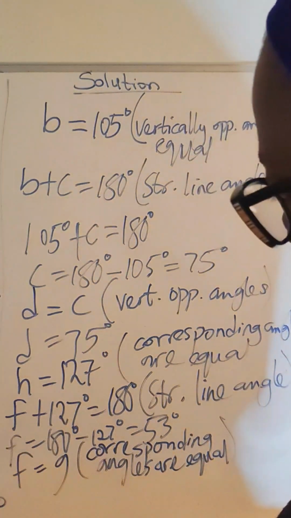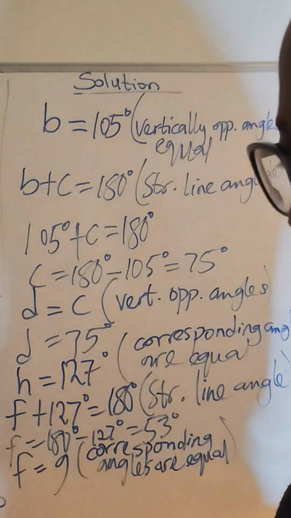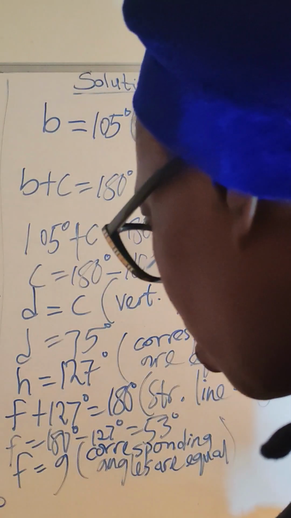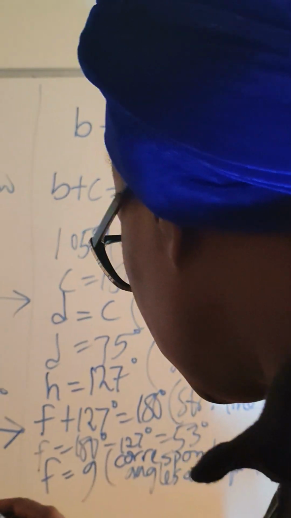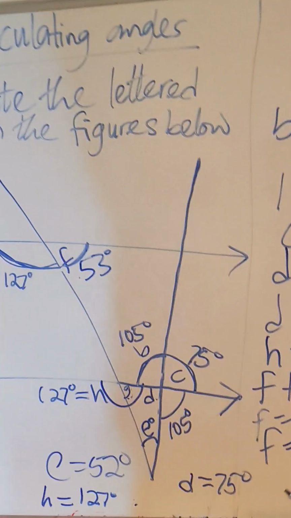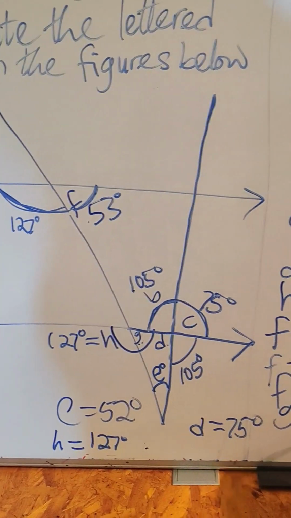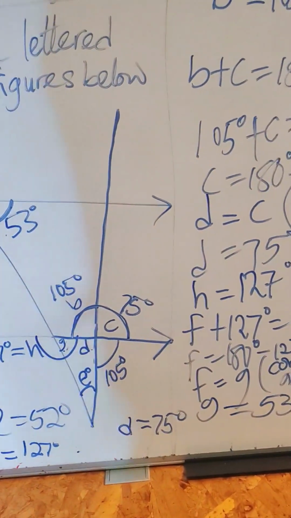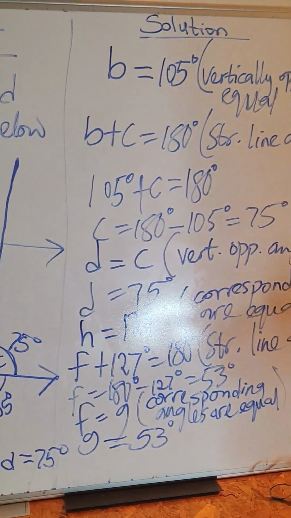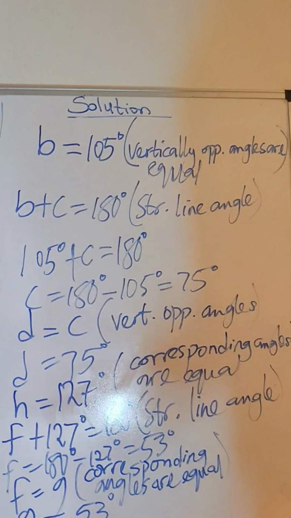So lastly, we want to look at angle E. Angle E is the last angle we want to calculate now. We have G to be 53 degrees, D to be 75 degrees.